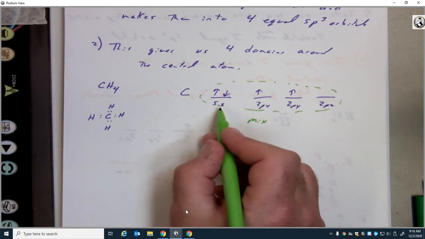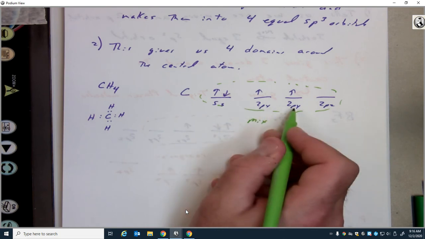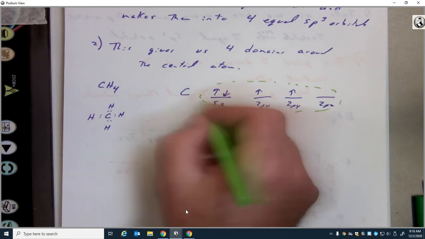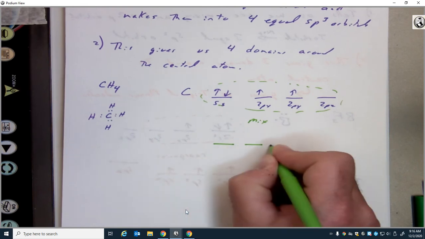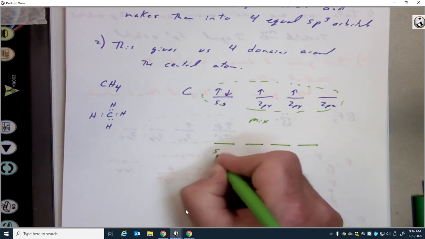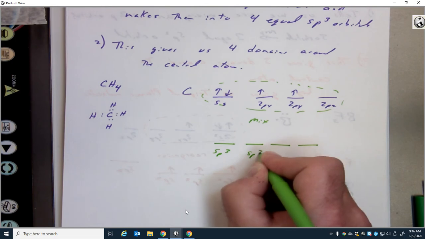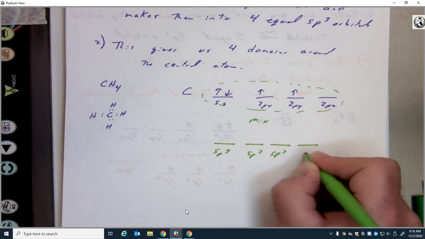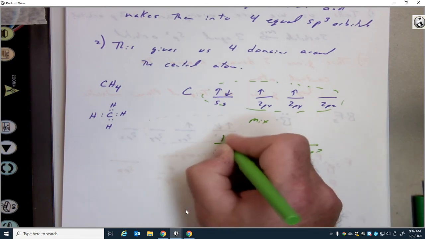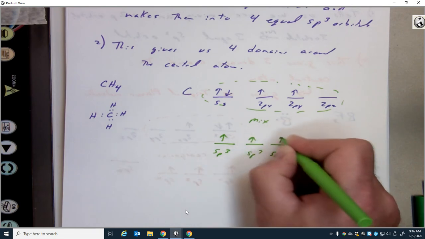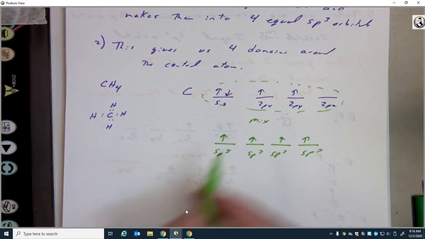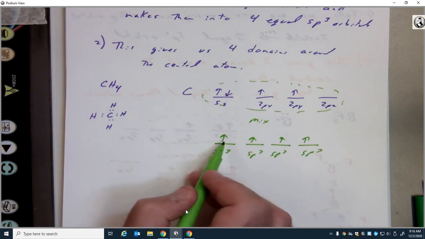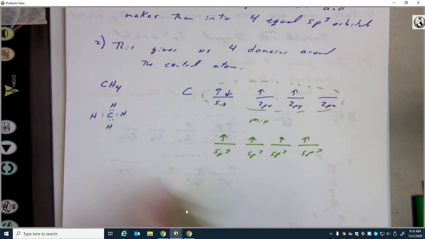So instead of having an S, a P, a Y, and a Z, these mix, and we get 4 equal orbitals called sp3 orbitals. And now, these can share with the hydrogens.